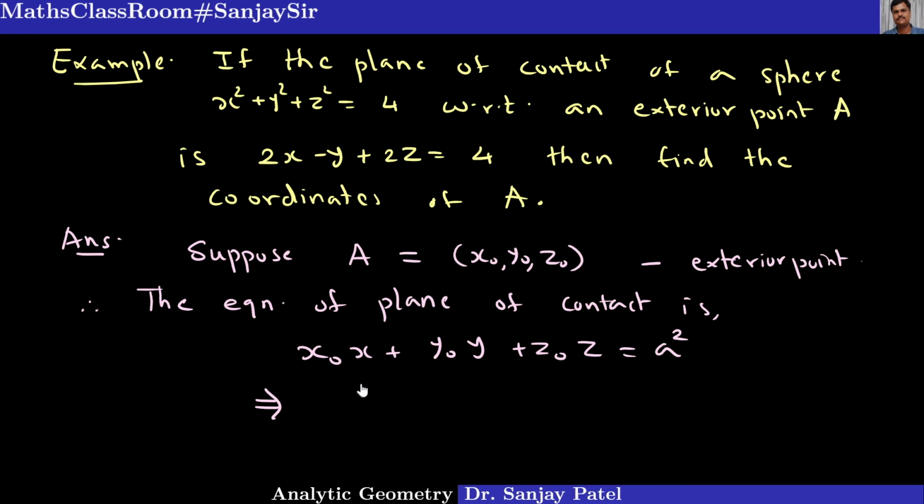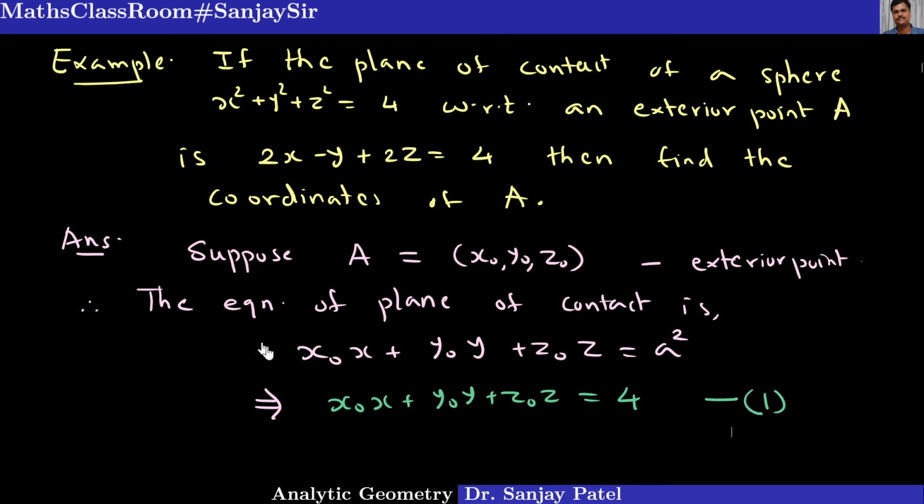So x0 into x plus y0 into y plus z0 into z is equal to 4, because a square is equal to 4. I don't know what x0, y0, z0 are, and x, y, z are variables. So let us call this result number 1.